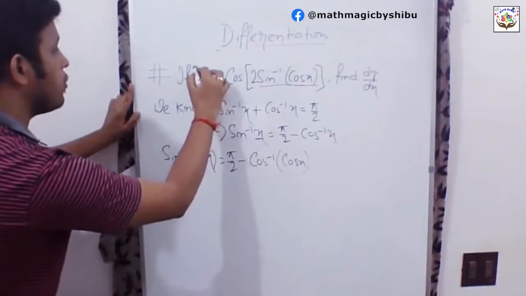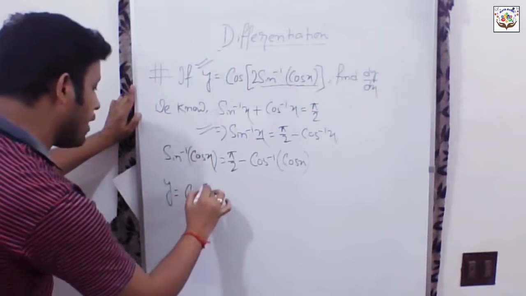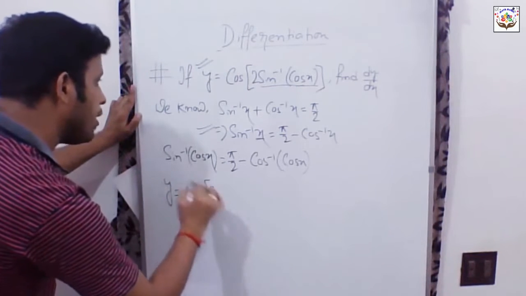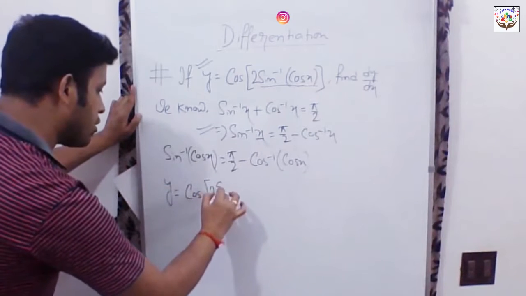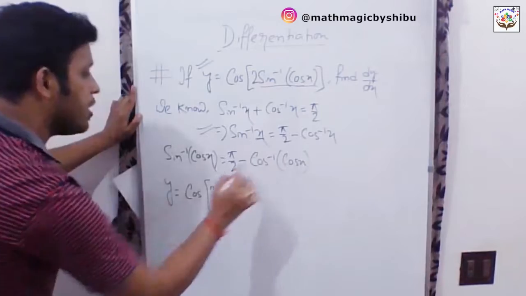Okay, so if we modify y, y would be 2 into, in place of sine inverse cos x, pi by 2 minus cos inverse cos x.